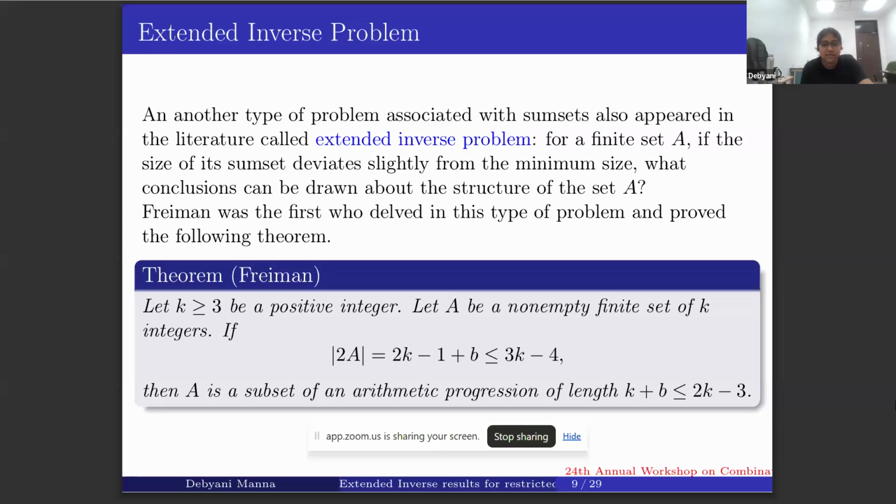Freiman dealt with this type of problem, and he has this theorem: for k greater than or equal to 3, let A be a non-empty finite set of k integers. If the cardinality of the twofold sumset 2A is equal to 2k minus 1 plus b, less than or equal to 3k minus 4, then A is a subset of an arithmetic progression of length k plus b, less than or equal to 2k minus 3.